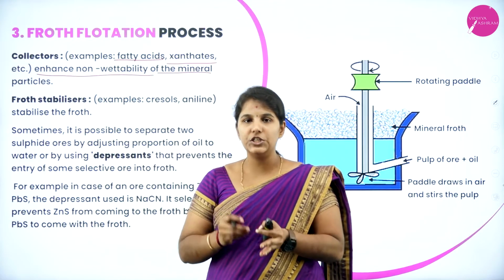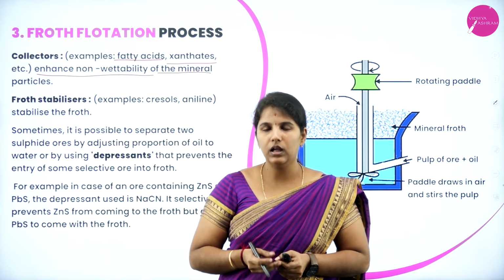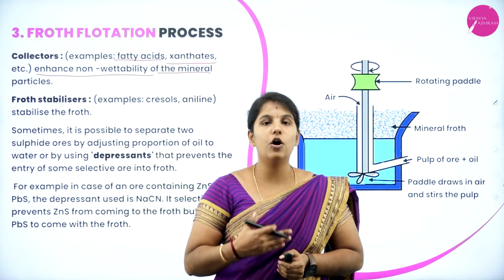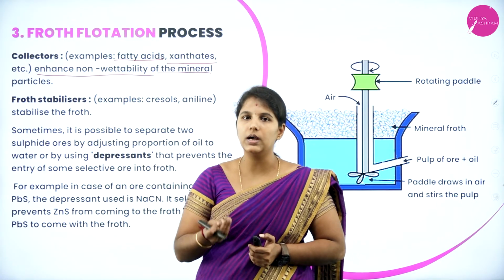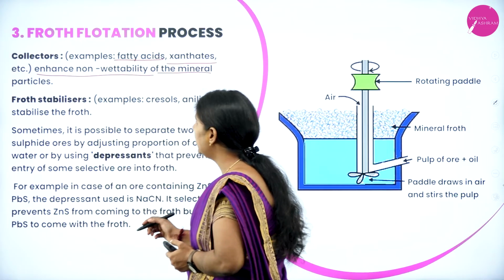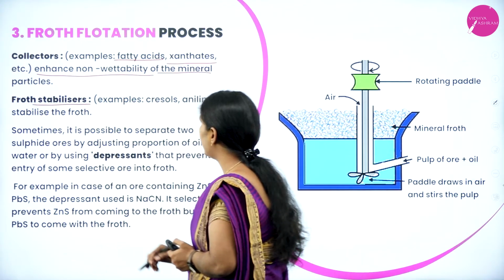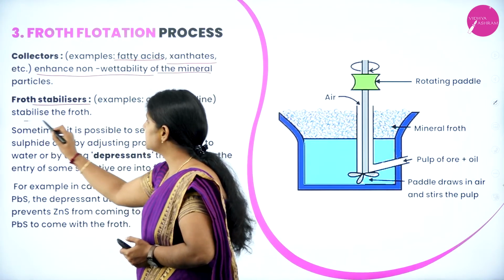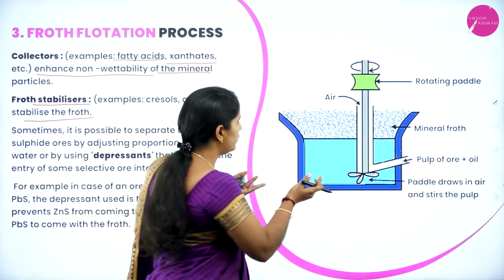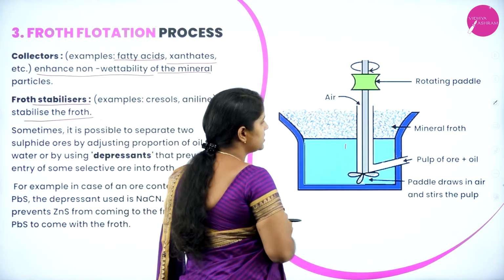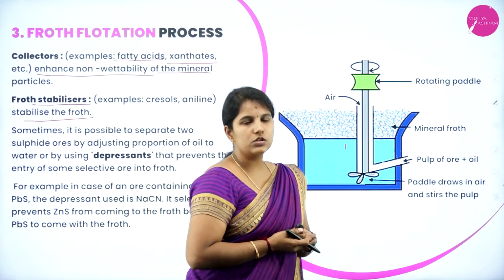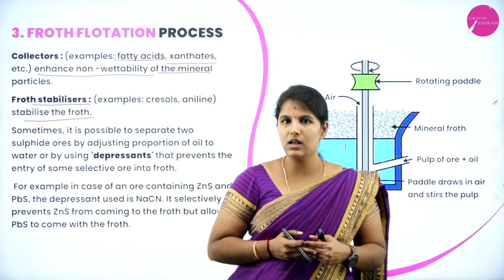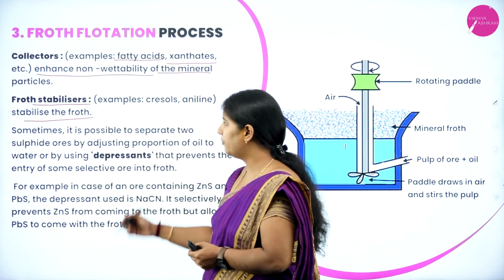In the mixture, we have added the collector to enhance the non-wettability of the mineral ore. Then a froth stabilizer is also used, which stabilizes the froth. Once the froth is formed on the upper surface of this container, it will be skimmed off. To stabilize that, we use a stabilizer.